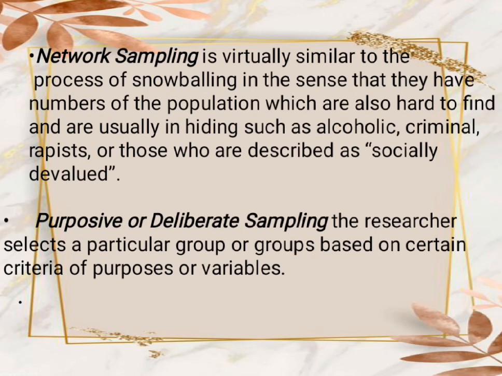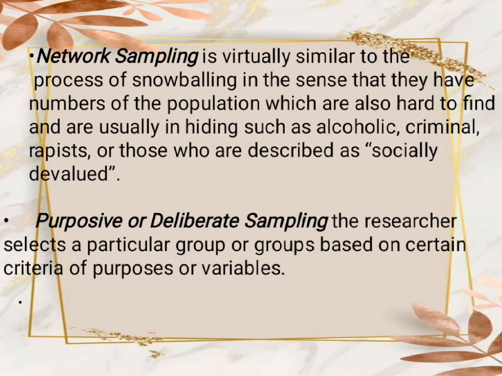Purposive or deliberate sampling. The researcher selects a particular group or groups based on certain criteria or purposes of variables. An example of purposive or deliberate sampling is when you are interested in finding out the reactions of some people towards the value-added tax.